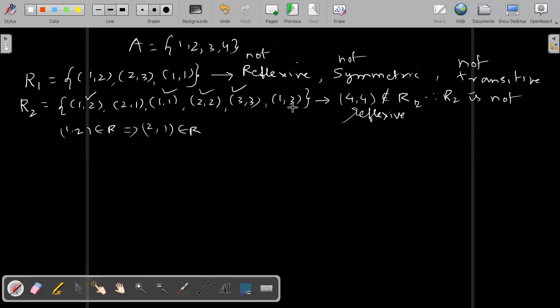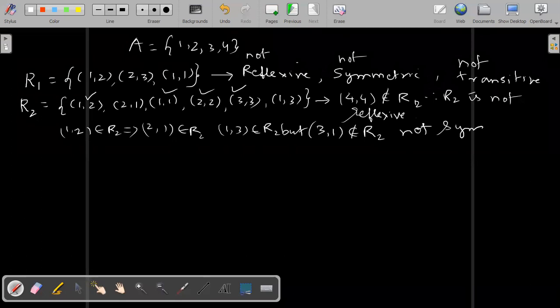And 1, 3 belongs to this one, but 3, 1 does not belong to R2. So therefore, it is not symmetric.